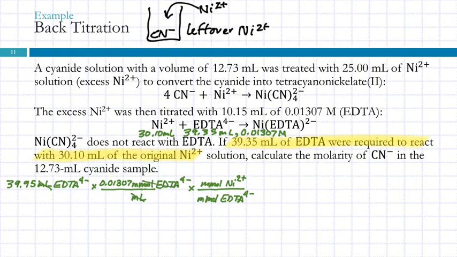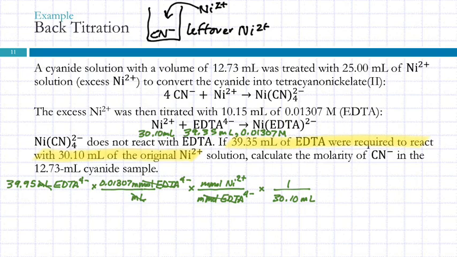So millimoles of EDTA cancel millimoles of EDTA, and now I have millimoles of nickel. I'm trying to get molarity, moles per liter, so here I'm dividing by the volume. The volume was 30.10 milliliters. So I do the math there.